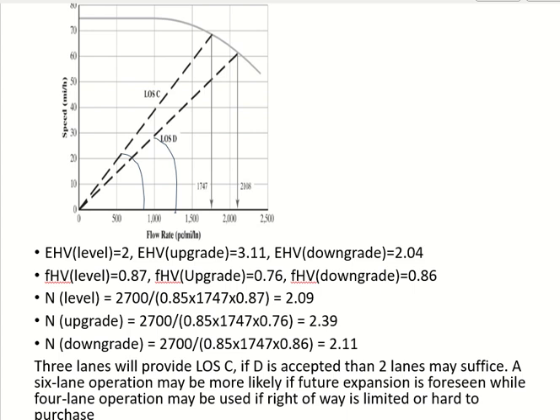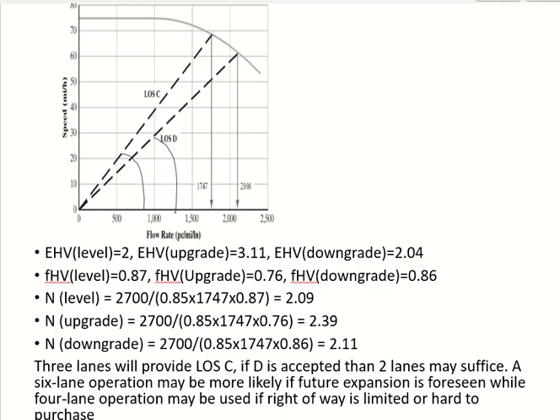How many FHVs do we have? This one and this one. This is for level, which is same as downward gradient, and this is for upward. So you have two numbers of lanes, one for level and downward, one for upward. They have calculated these two using level of service C, and you get 2.39 here, 2.11 here.